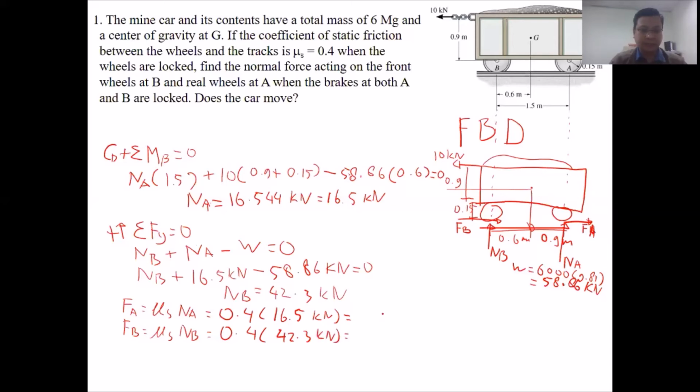Okay, we can get for A first 6 kilonewton. Then for the B, 16.9, 2.4 kilonewton.